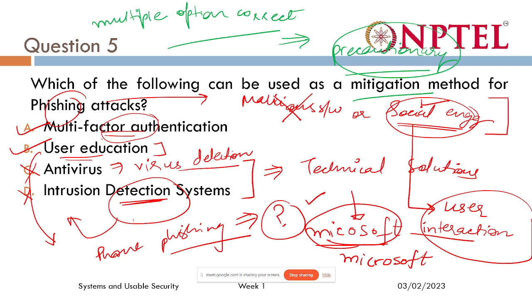And what about multi-factor authentication? Let's say in Gmail you have seen, if you have enabled two-factor authentication, what happens? If I'm entering the password on my laptop, immediately it will send a code to my linked phone saying that someone is trying to access your email account on this and this device, so can you please tell whether it's you or not.